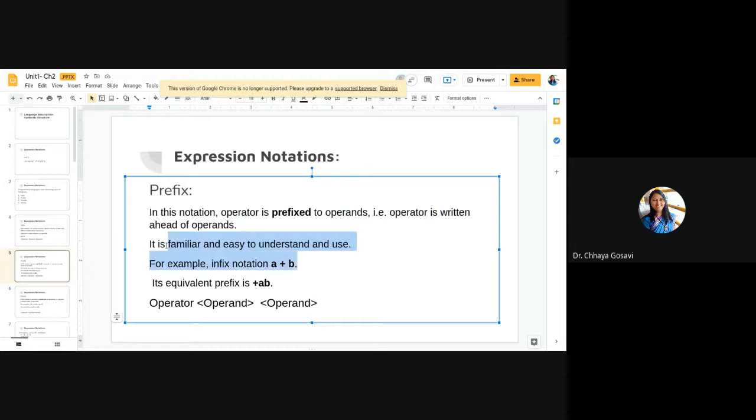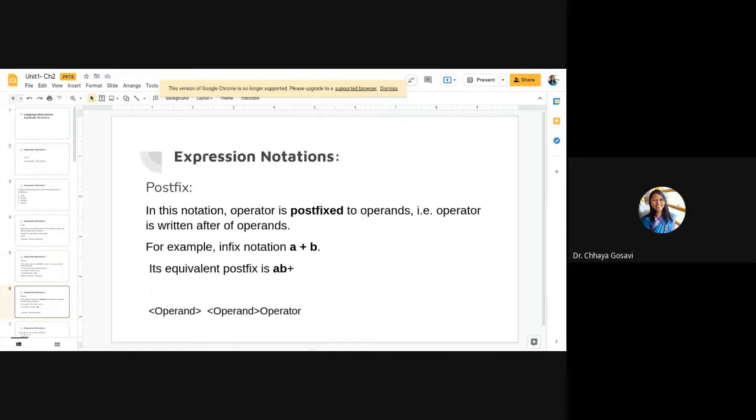It is familiar and easy to understand and use because it goes hand in hand with functional programming: a function and then the parameters we are passing. For example, plus is a function and then A and B are the parameters that we are passing to this function. It looks like this and it is easy to understand. Many languages like Lisp and ML support this notation: operator followed by operand, operand.